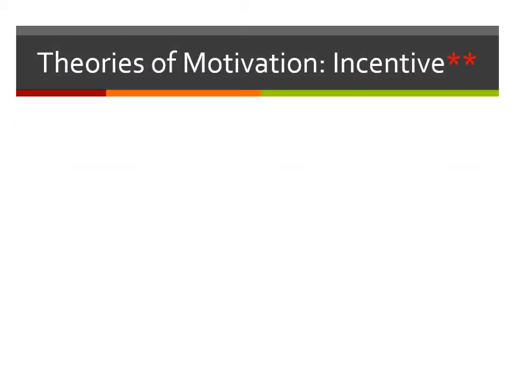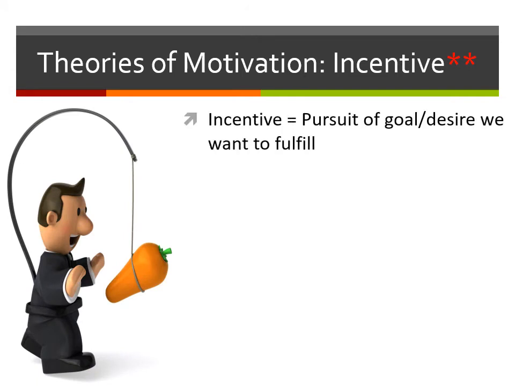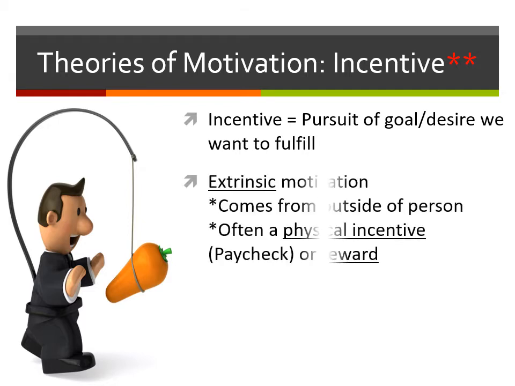One of the last theories is that we are motivated by incentives, which is often the case. So an incentive is a pursuit of a goal or desire we want to fulfill. Now there are two types of motivations in this. The first one is extrinsic motivation.